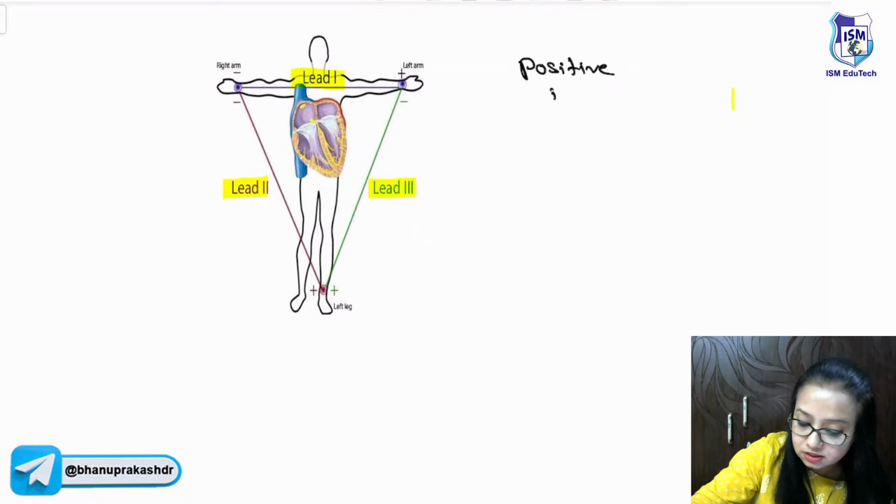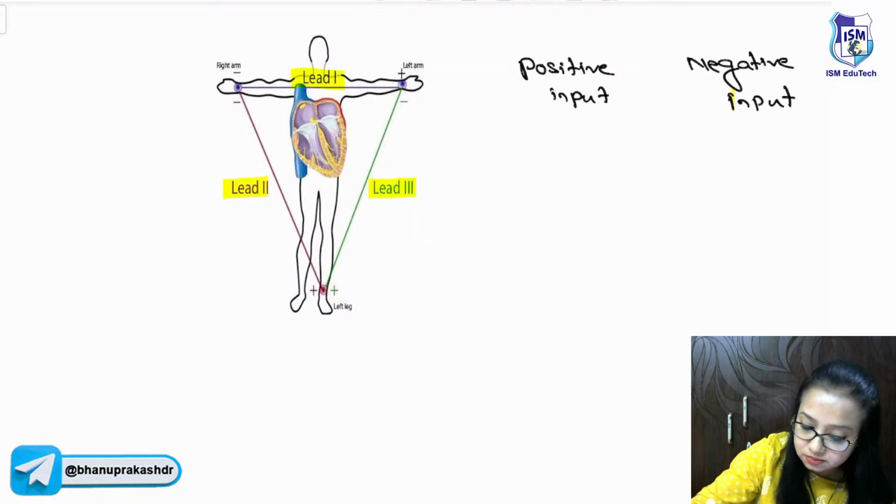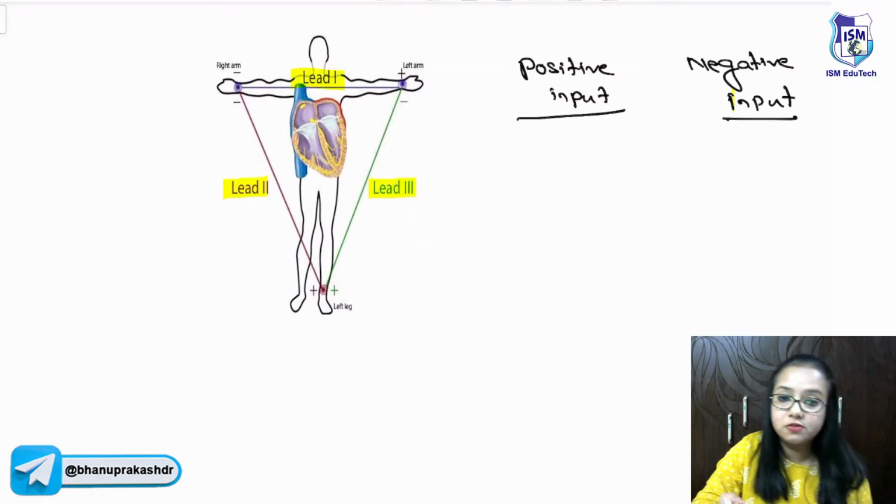positive input, and here we write negative input. Now, one very easy way of remembering in which lead, which limb is connected to the positive and negative.